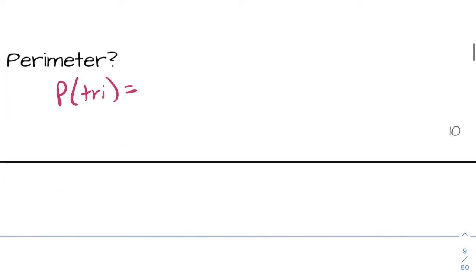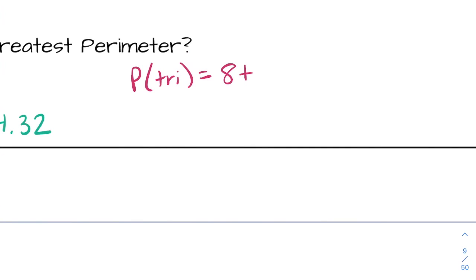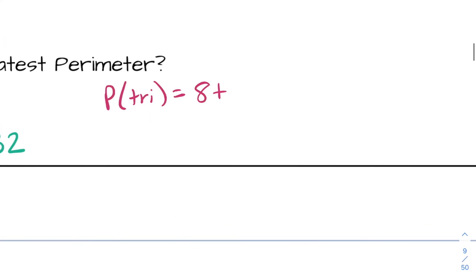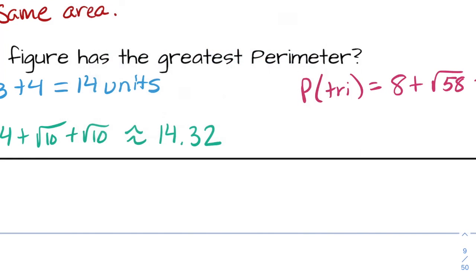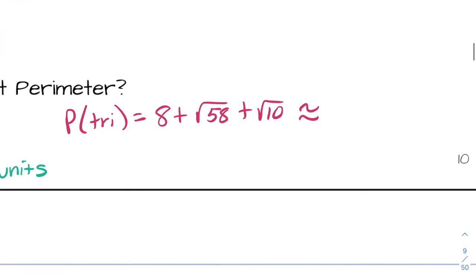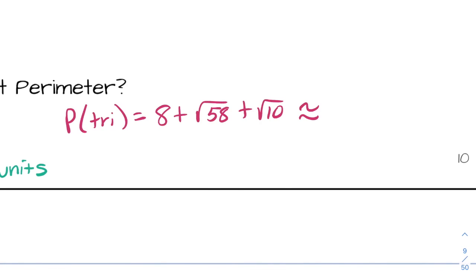And then the perimeter of my triangle is 8 plus the square root of 58 plus the square root of 10, which is about 18.78.